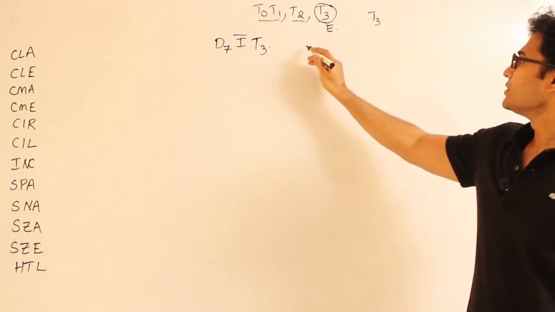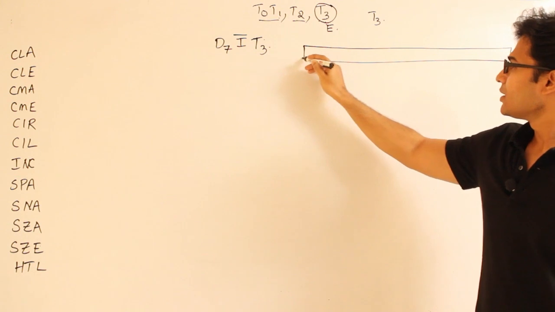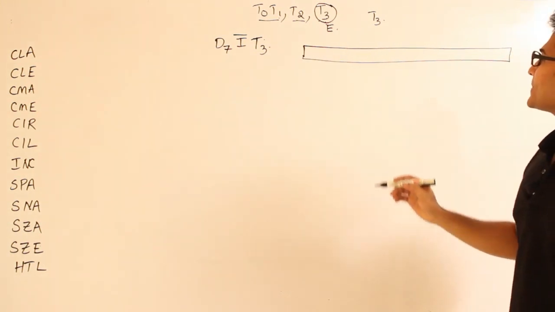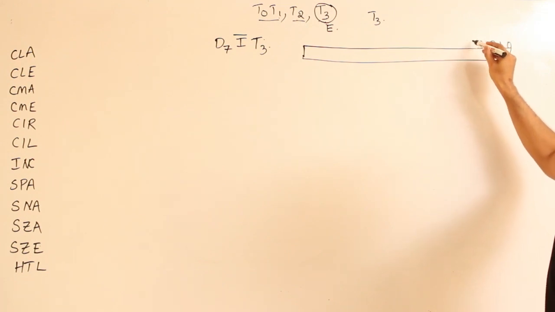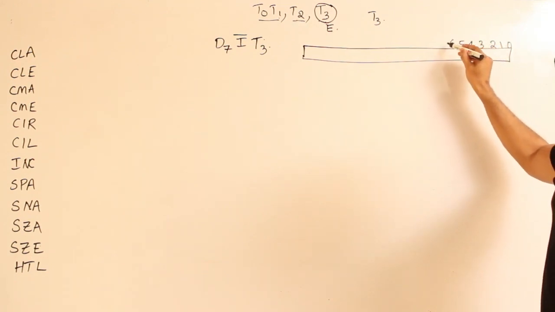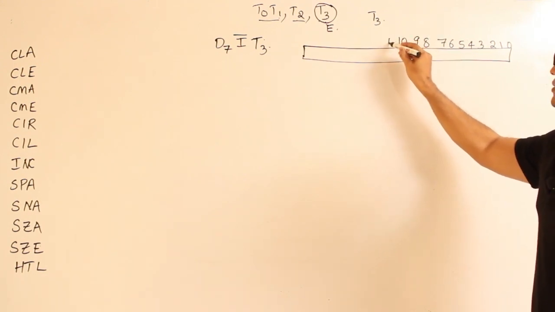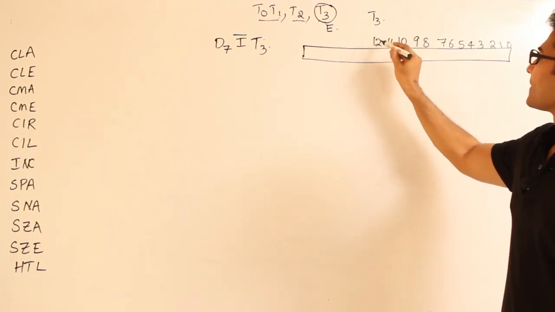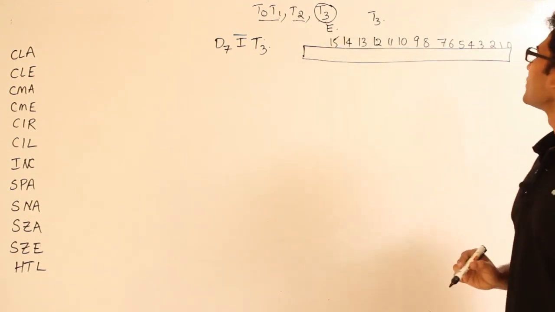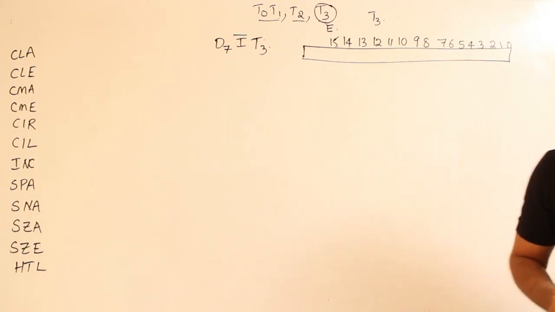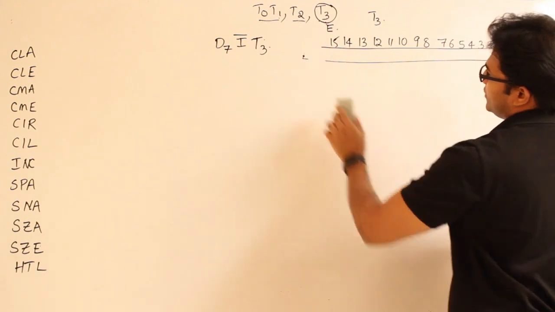You can just see this one, and you'll understand better. If you look at the instruction format, assume that it is a 16-bit instruction. That is what we have been using.